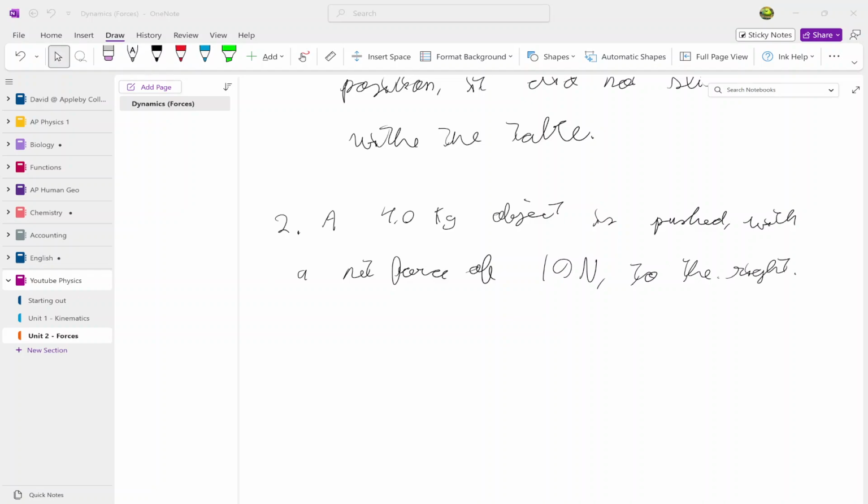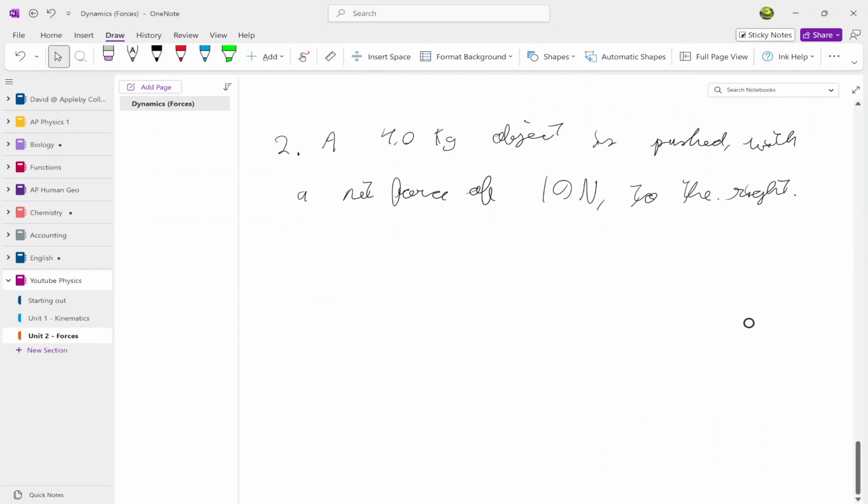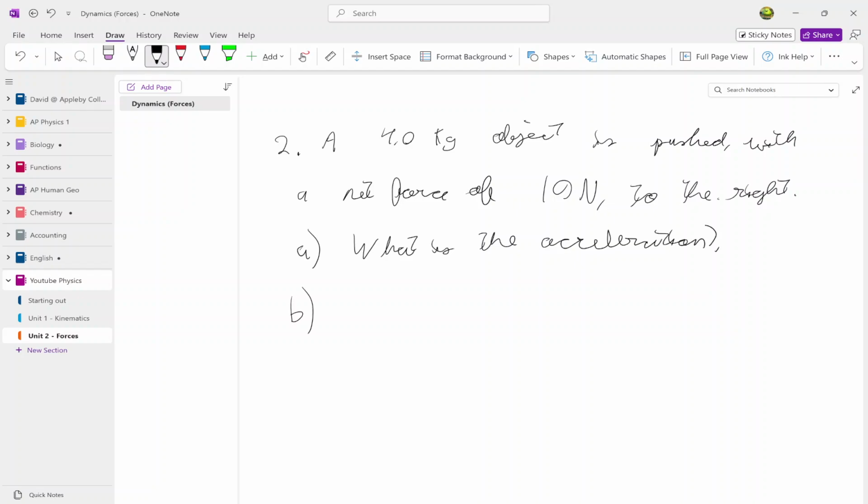Okay. So now you will have to find 2 things. First step, what is the acceleration of the object? And then part B will be how far will it travel in 3 seconds?